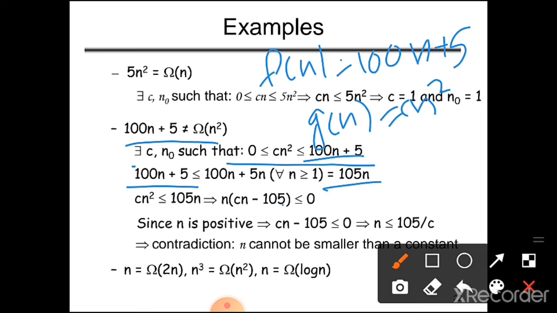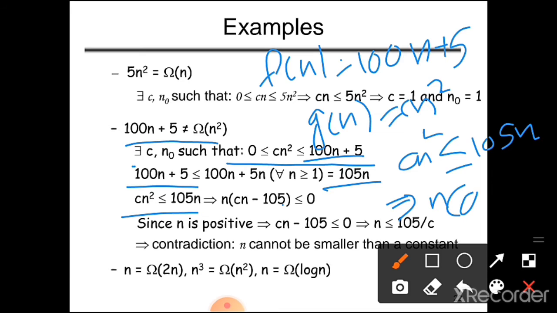Then we substitute in the equation: c n square less than or equal to 105n, which is rearranged. c n square is written as n into c n. Taking n common outside, we get n into (c n minus 105) less than or equal to 0.